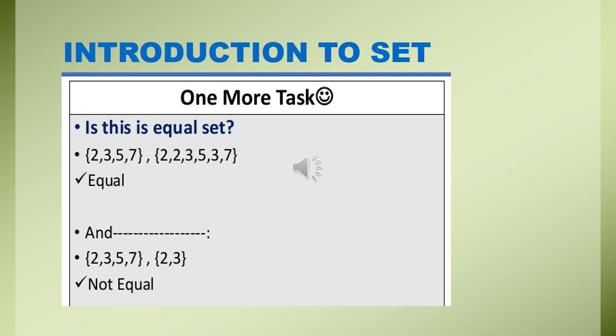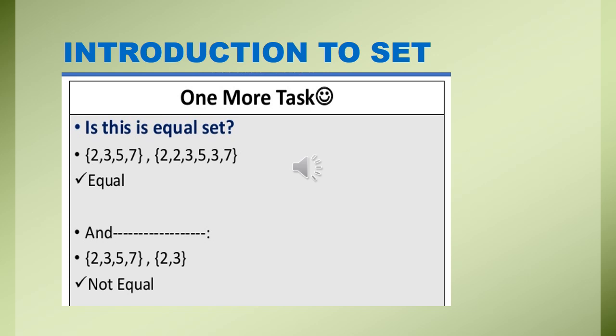My dears, one more task. Here two sets are given to you. One has elements 2, 3, 5, 7 and the other has 2, 2, 3, 5, 3, 7. Now tell me, are these two sets equal? Yes, they are equal, because in one set 2 is an element, and in the other set again 2 is an element.